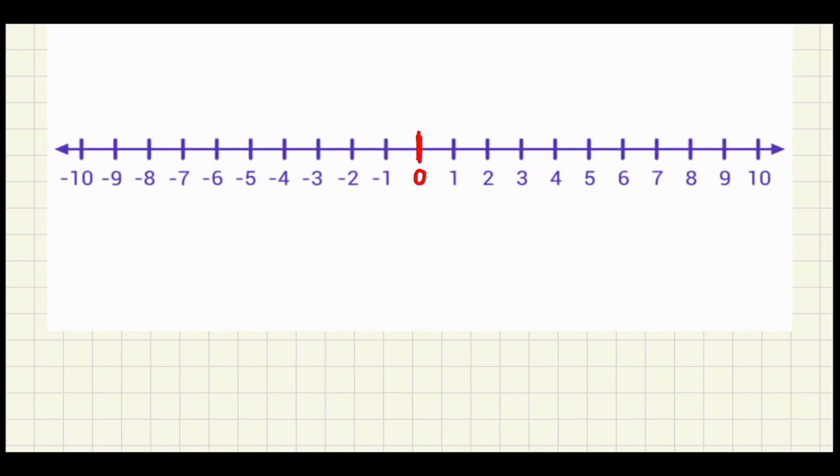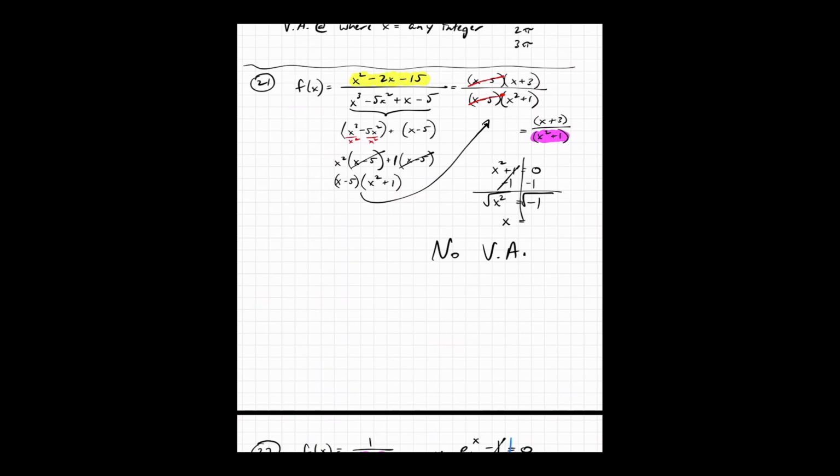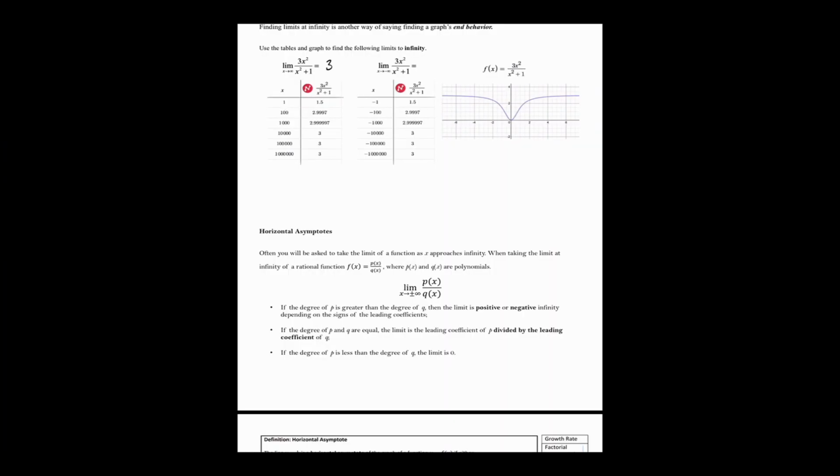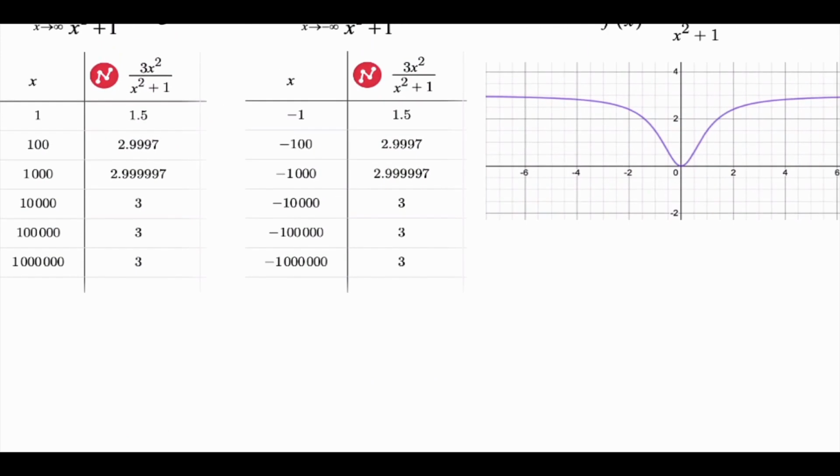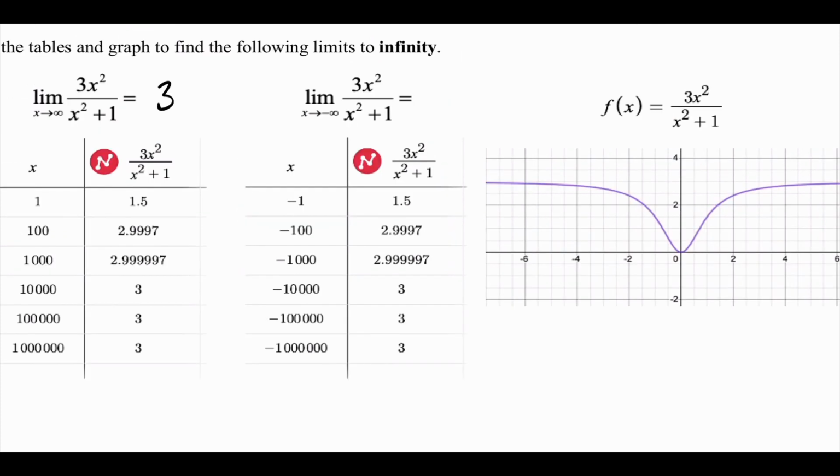On the number line, they're going this way. That's the negative direction, negative infinity, right? So what y value are they approaching? They're approaching 3 as well, right? So we would say this is 3.